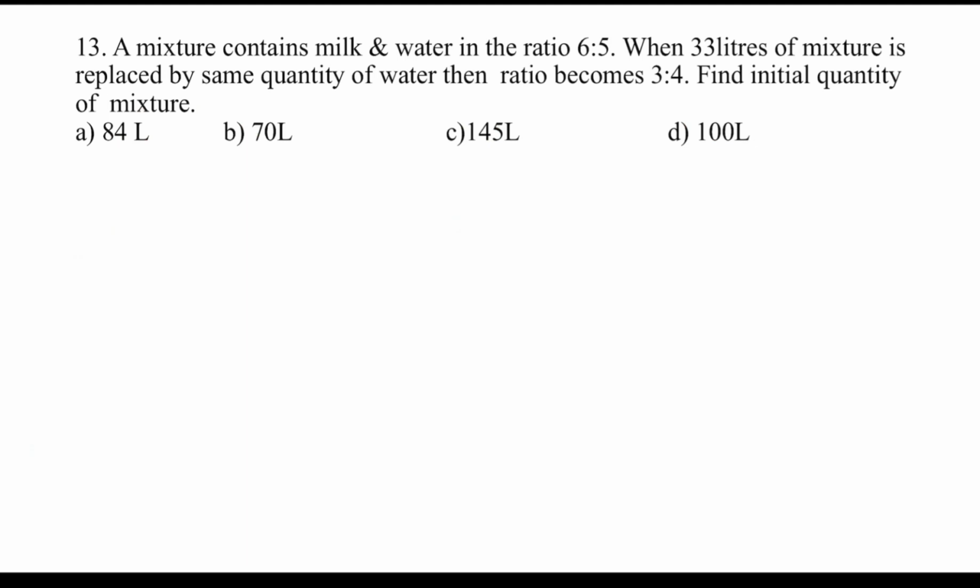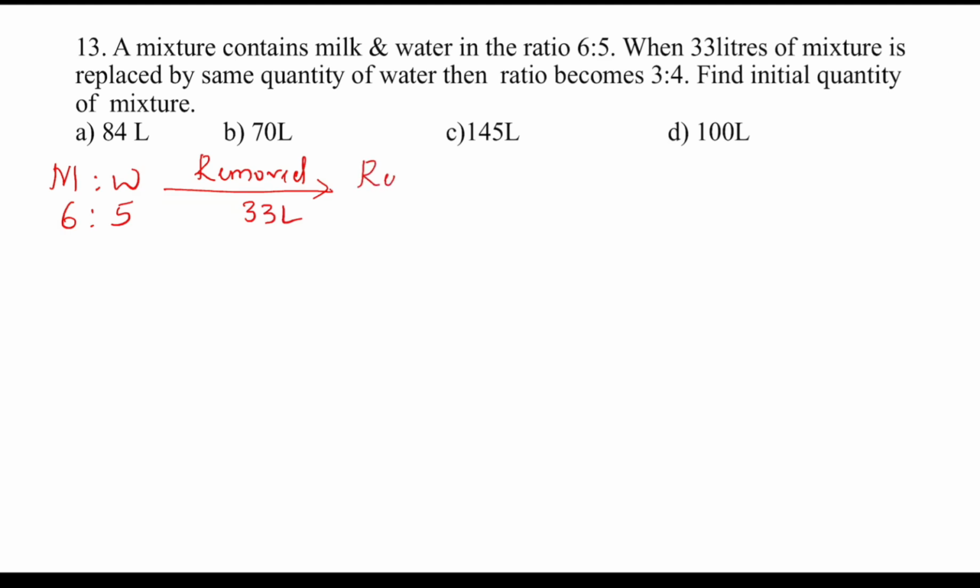So there is a mixture which contains milk and water in the ratio 6 is to 5. 33 liters of mixture is removed. Okay, how much is removed? 33 liters is removed and it is replaced by same quantity of water.